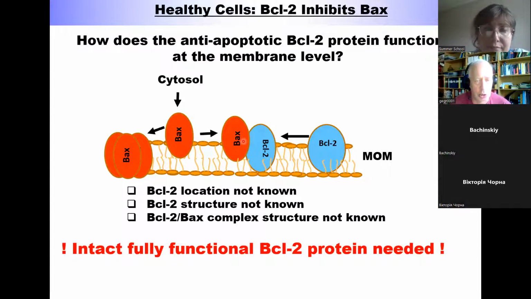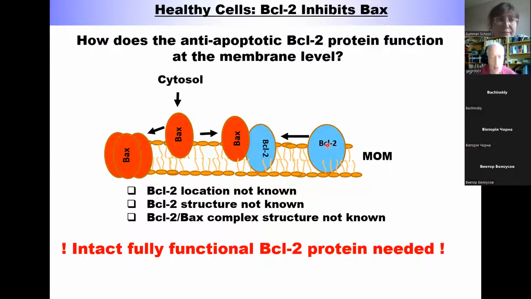And if a cell should get killed, you get a lot of BAX, which will overcome the neutralization and make pores, make a hole, kill the cell. And you can always think about a cancer cell, which has a lot of BCL2: it will always neutralize all the BAX which is coming. So you never make it to this pore. You will always neutralize it and then the cancer cell happily survives.